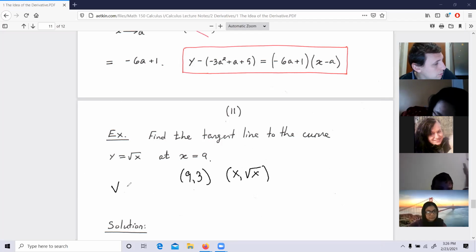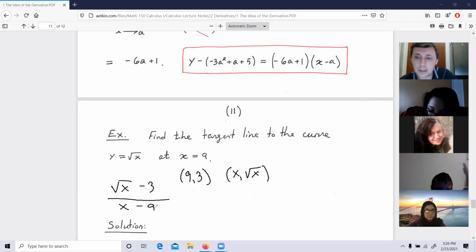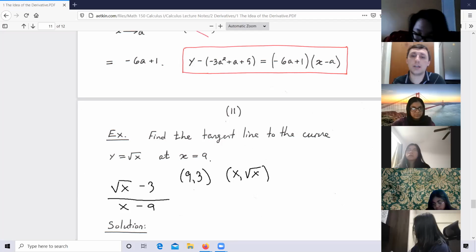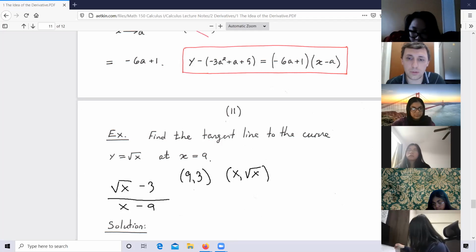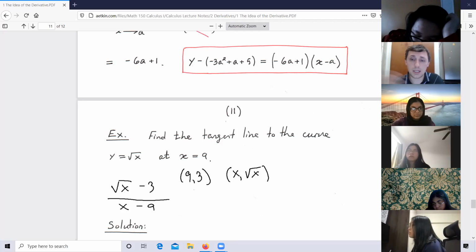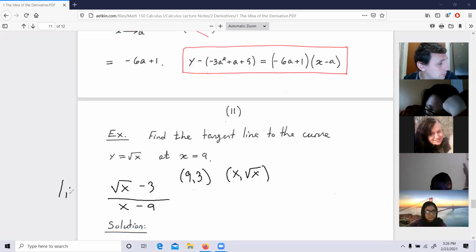I write root x minus 3 divided by x minus 9. Yes? And then how do I make sure that the point x, root x, approaches the point at which I want to calculate slope? I take a limit, right? I say limit as what goes where?